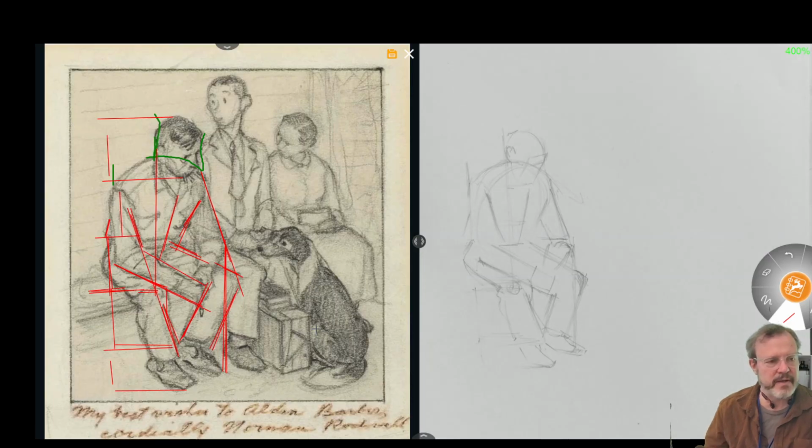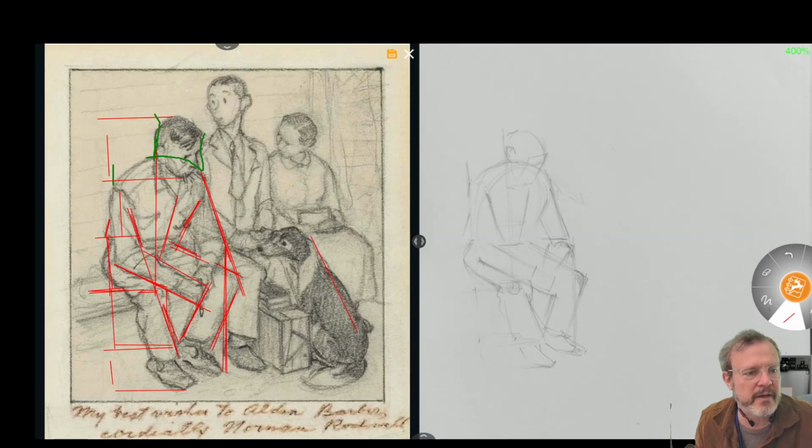Because this is a great design, we're going to see a lot of repetition of some of these angles. You'll see that this angle is going to be repeated in the back of the dog. And again, these things are not accidental. They might be unconscious, but they are purposeful at the same time.